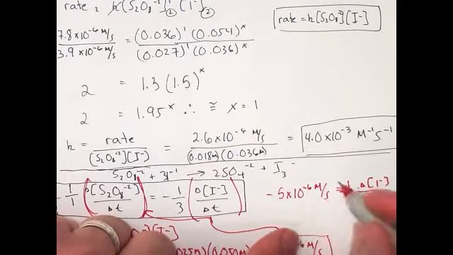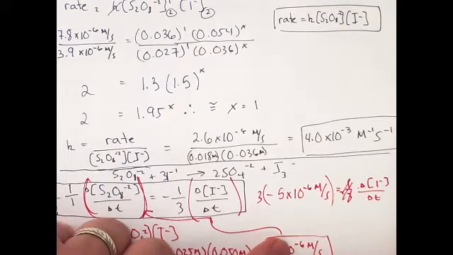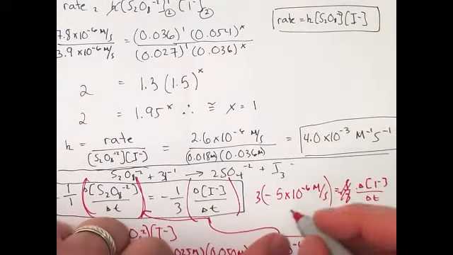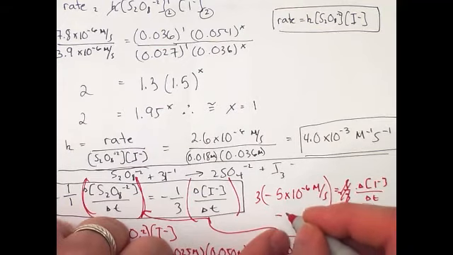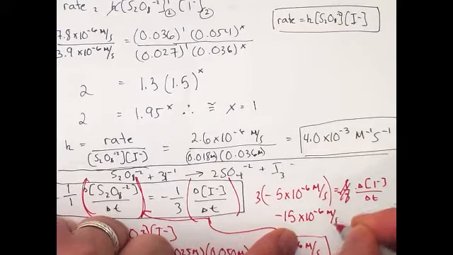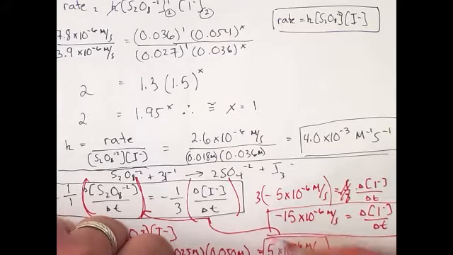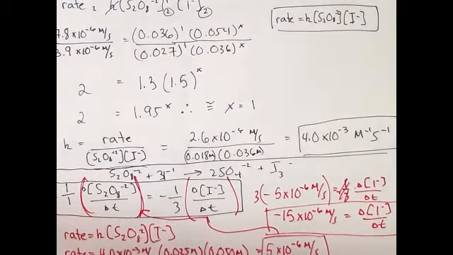To get that 1/3 over, I'm going to multiply both sides by 3. And that should be the rate of disappearance of iodide, or 1.5 times 10 to the negative 5 if you prefer.